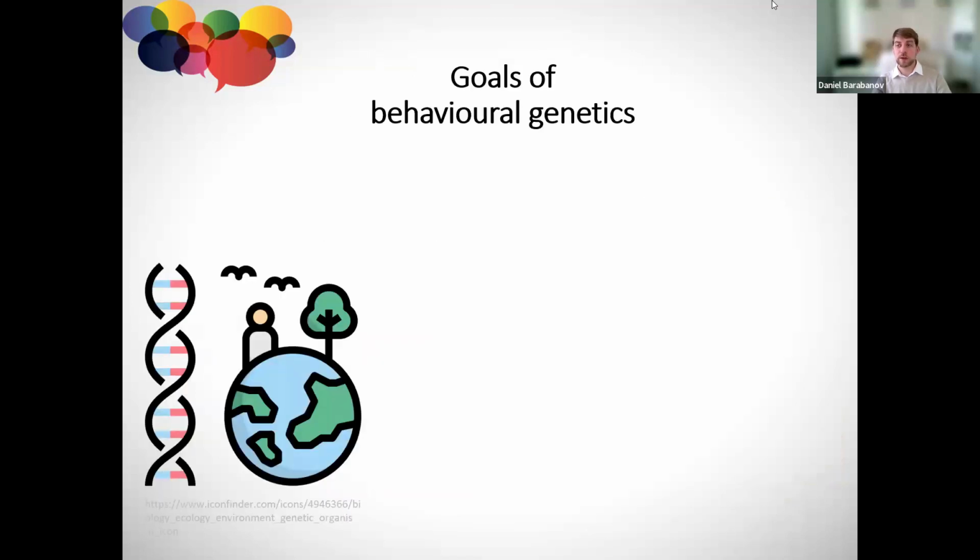Behavioral genetics is a bit different from just genetics. Behavioral genetics is an interdisciplinary field at the intersection between psychology and genetics. The difference is that behavioral geneticists are interested only in psychological characteristics, whereas usual geneticists are interested in the manifestation and heritability of all characteristics.